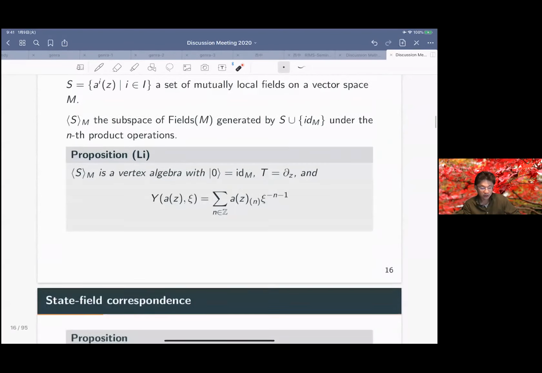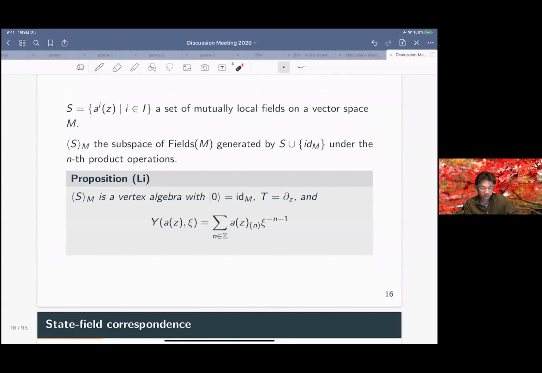The corresponding field for A(g) is given by this one, an operator which sends B(g) to A(g) B(g).